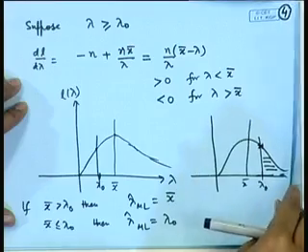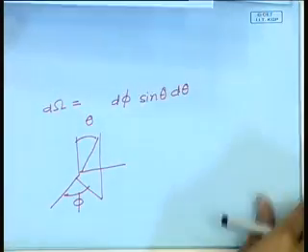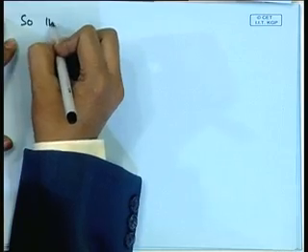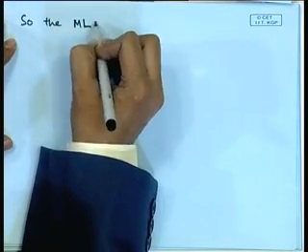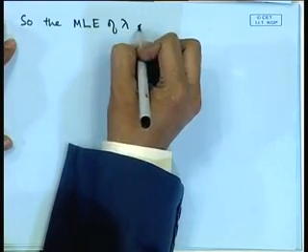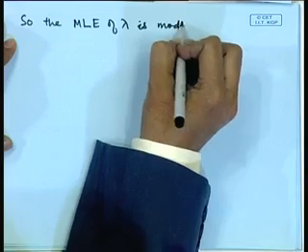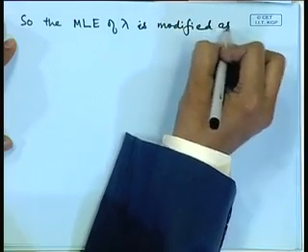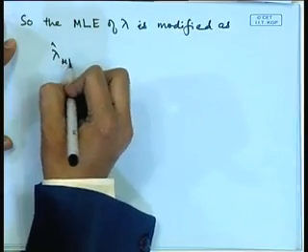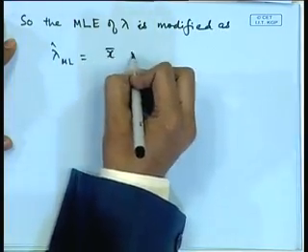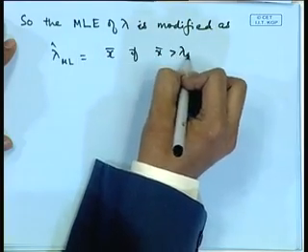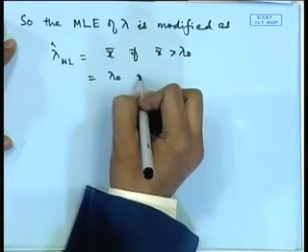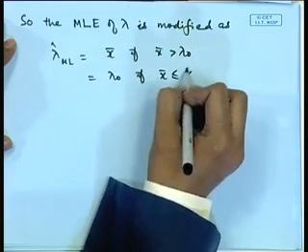So, our estimator is then modified. So, the maximum likelihood estimator of lambda is modified as, let me write it as lambda hat ML, this is equal to x bar if x bar is greater than lambda naught, it is equal to lambda naught if x bar is less than or equal to lambda naught.